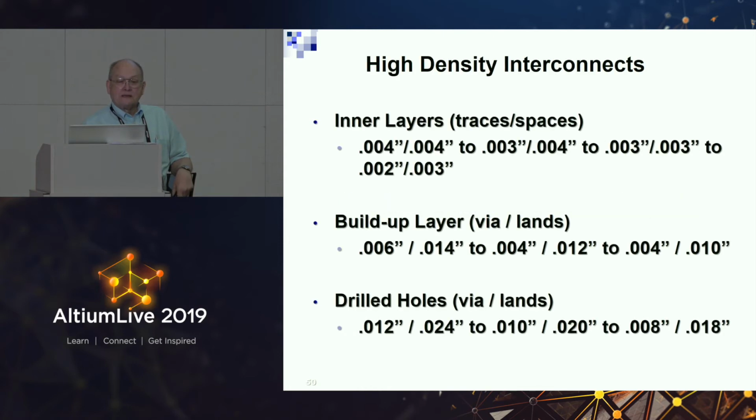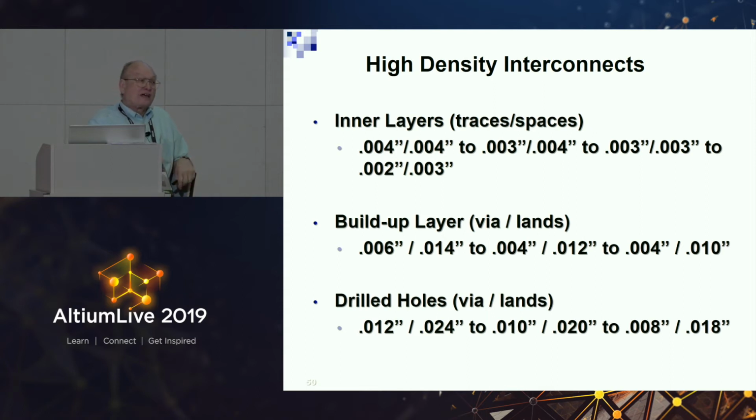The number 6 one, and these are all English units, but 4 and 4 to 3 and 3 to 2 and 3 is we're going down in geometries. Right now, a lot of PC boards are routed at 50 micron lines and spaces or 60 micron lines and spaces.